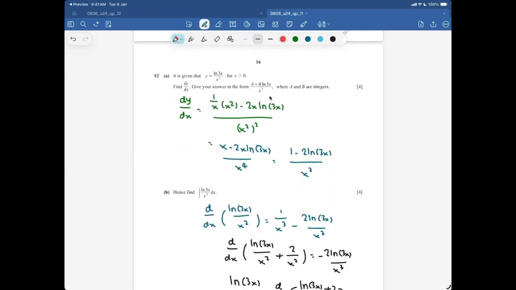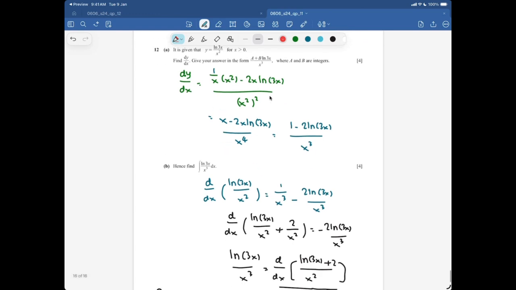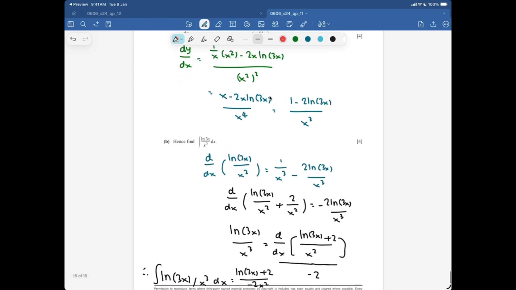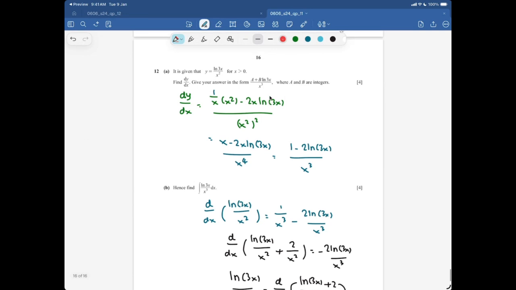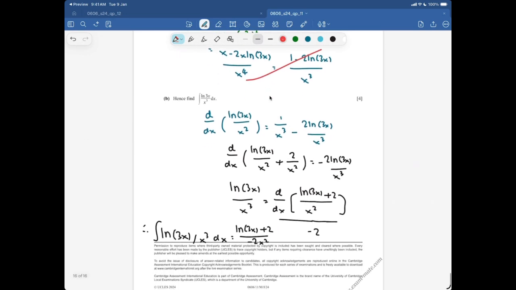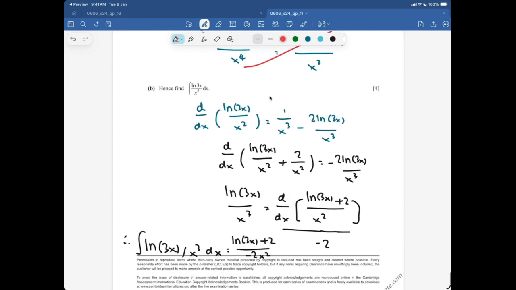And then for our last question, that's good. Oh, it's my minus, so it should be +1 over 2x squared.